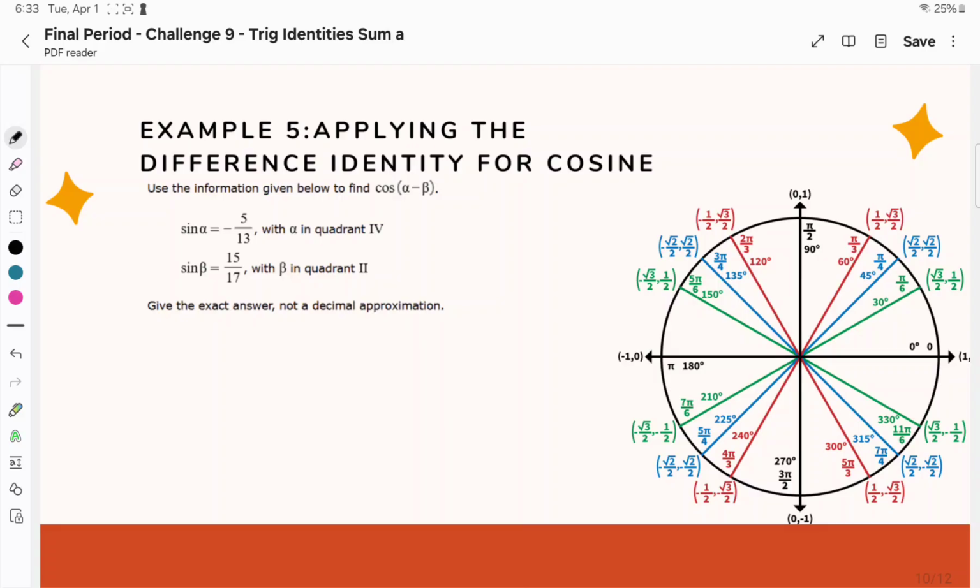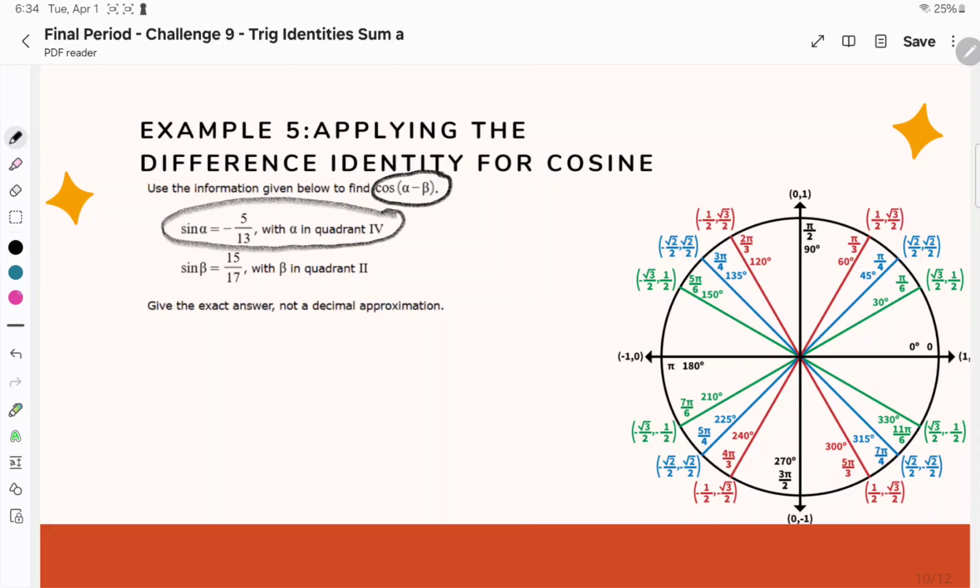So now, it says, use the information given below to find cosine of alpha minus beta. So what is the information that they give me about angle alpha and angle beta? About angle alpha, they tell me the sine of alpha is minus 5 over 13 and angle alpha is in quadrant 4.